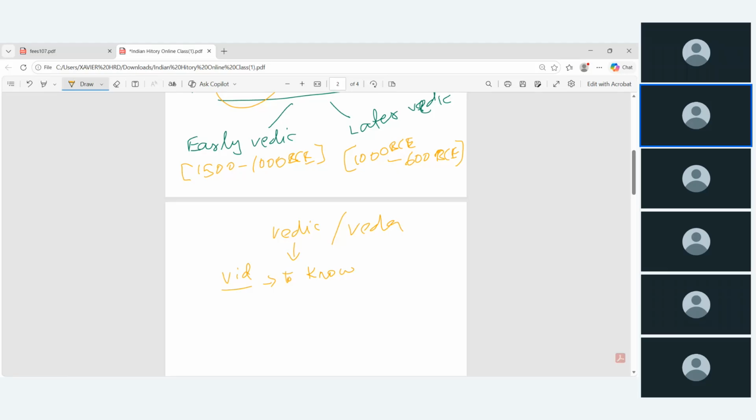These Vedic people contributed the Vedas, and you already know very well there are 4 Vedas: Rig Veda, Yajur, Sama, and Atharvana Veda.